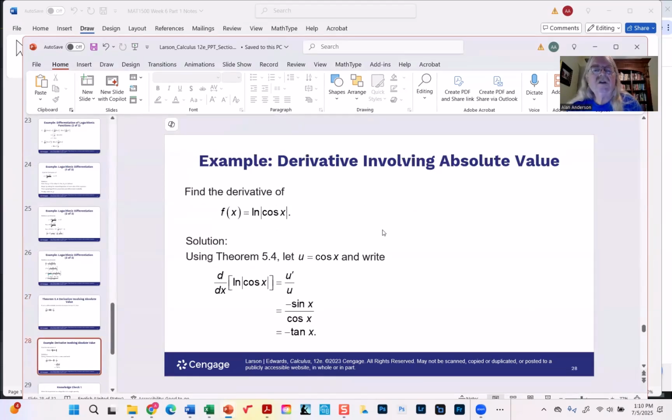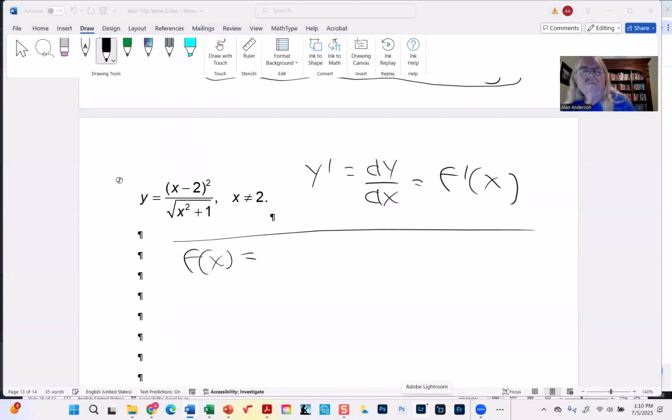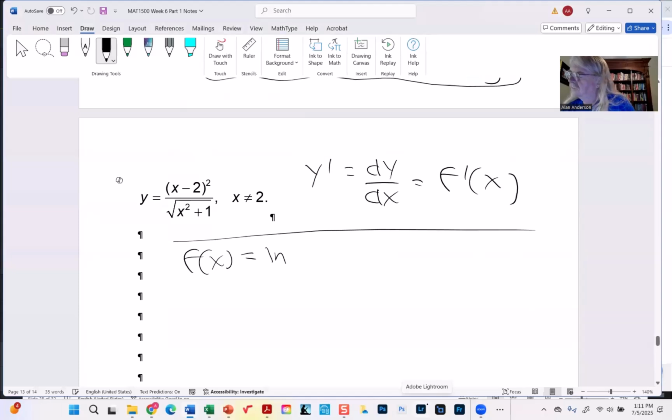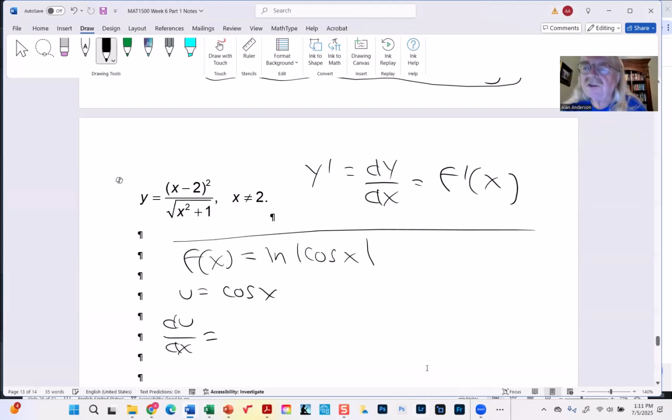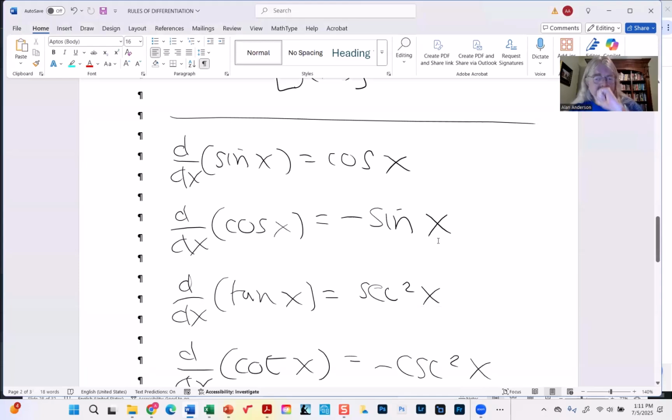So here, for example, we've got log cosine x. So here we'll let u be the cosine of x. And once again, we'll consult our chart for the derivative of the cosine. Now, of course, it's possible that you've already got this memorized, but maybe not.